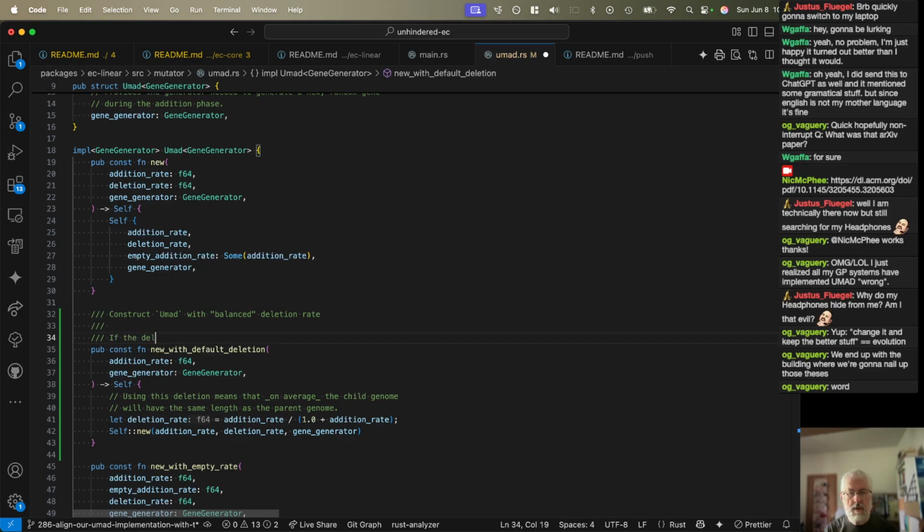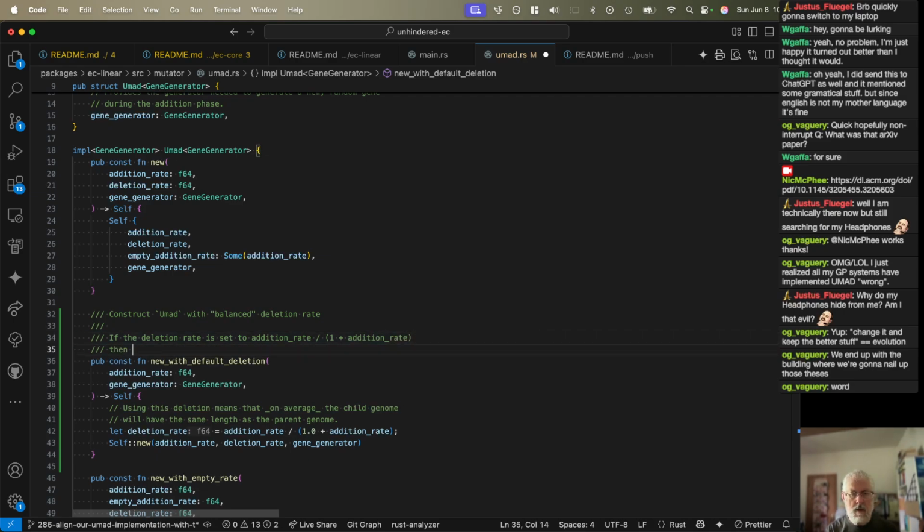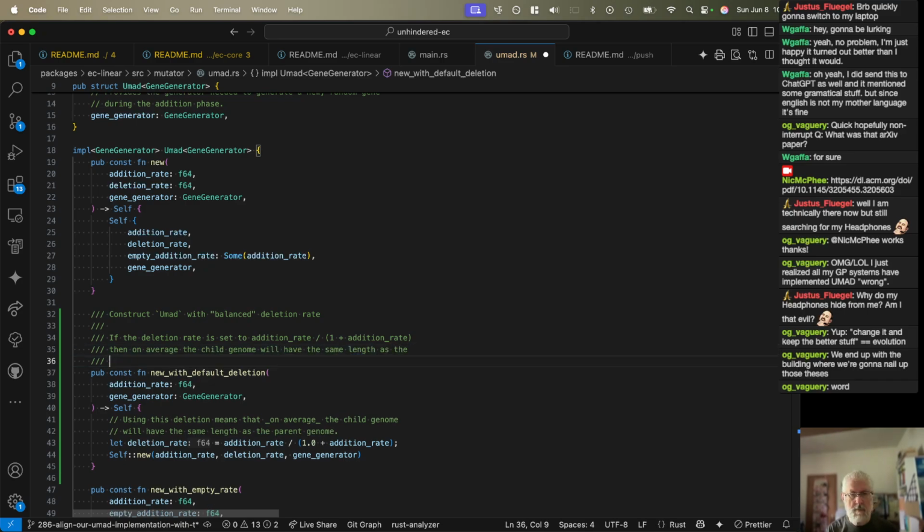If the deletion rate is set to addition rate divided by 1 plus addition rate, then on average, the child genome will have the same length as the parent genome.